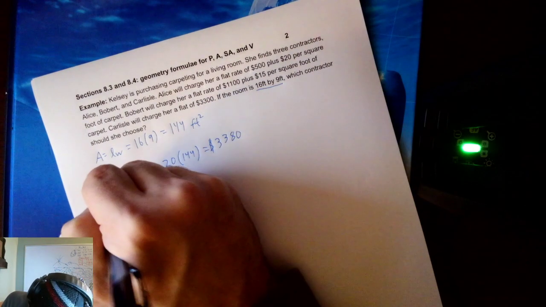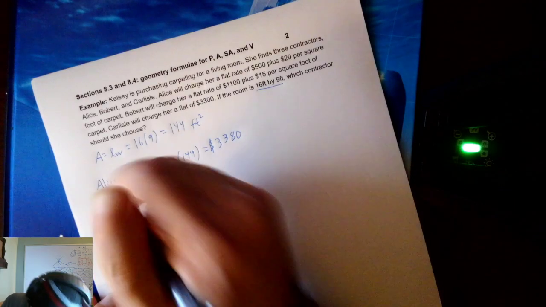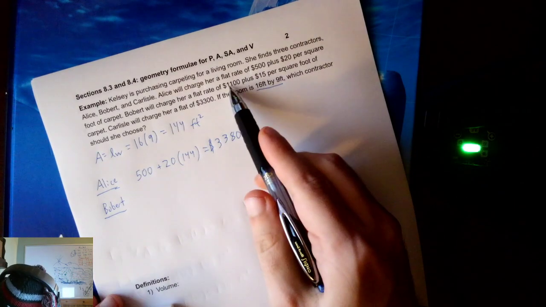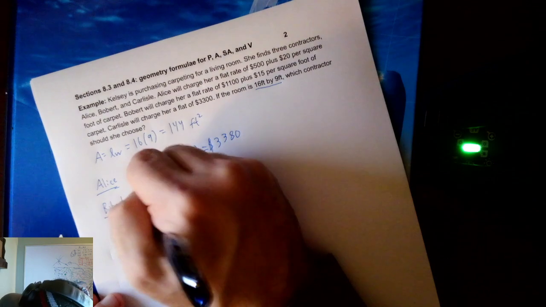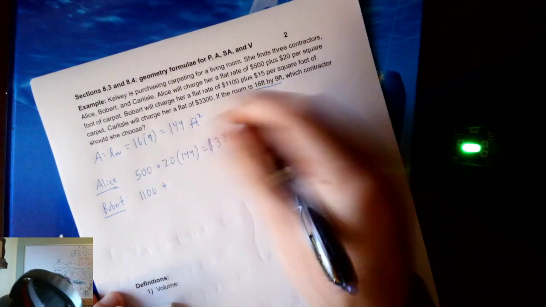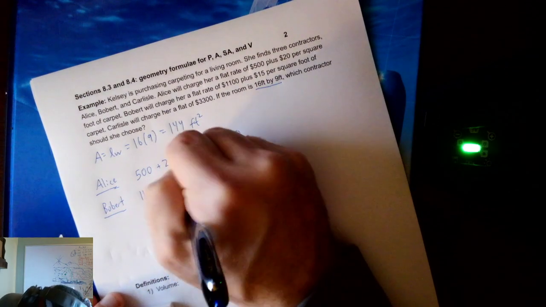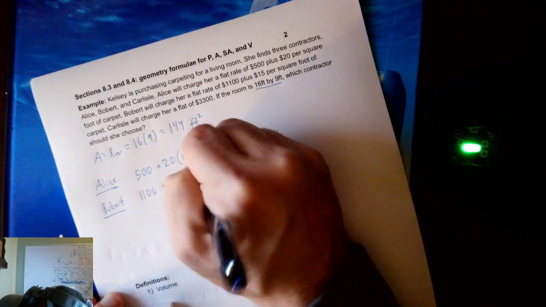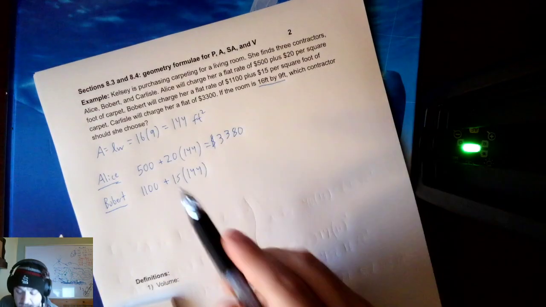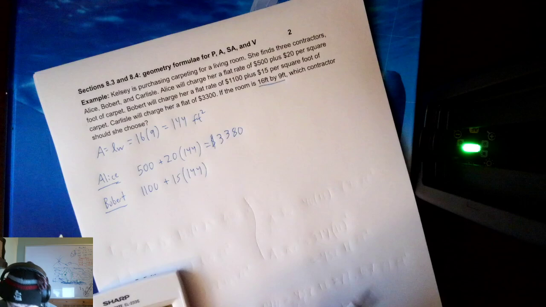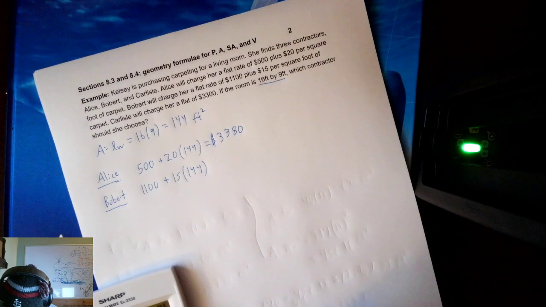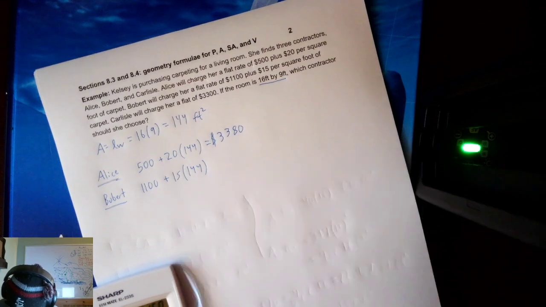Next would be Bobbert. Bobbert charges a flat rate of $1,100 plus $15 per square foot. So I'll do the same thing, but now the square footage cost is 15. So 15 times 144 gives me 2,160, and I need to add 1,100 to that.